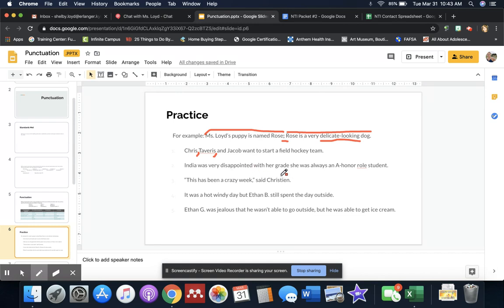India was very disappointed with her grade. She was always an A honor roll student. Now, this is kind of what we learned last week, where these are two different sentences. So what I have here is a run-on sentence. So hopefully you remember how to fix our run-ons. If you don't remember, we can use a period. India was very disappointed with her grade.